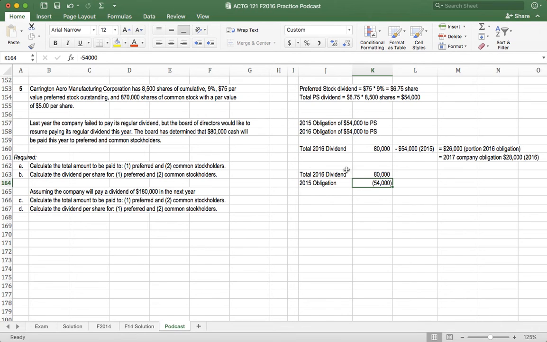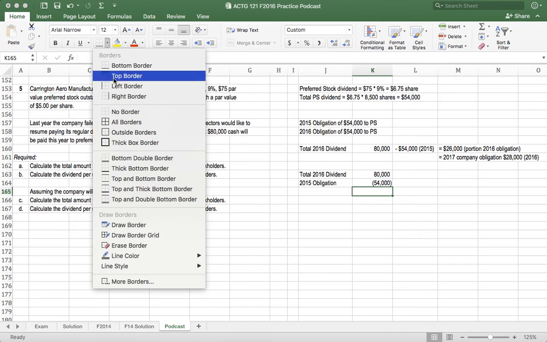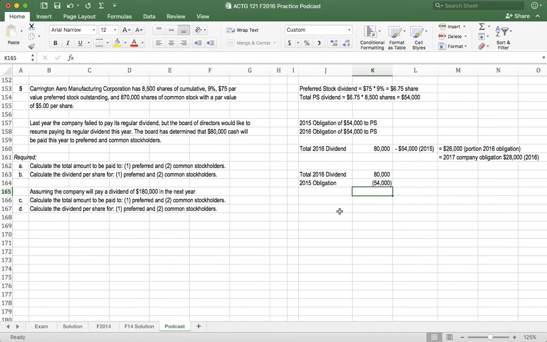And we have left over $26,000. So for the 2016, it's a partial.